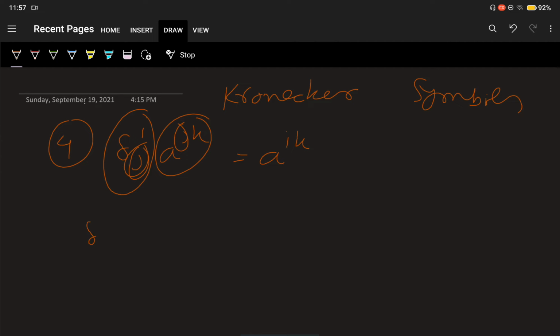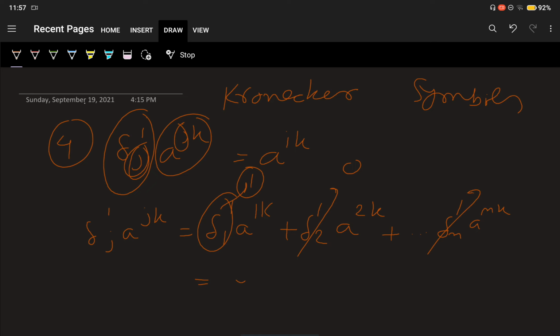So delta 1j a_jk: delta 11 a_1k plus delta 12 a_2k and delta 1n a_nk. So that can be written as, this is 1, this is 0, this is 0.